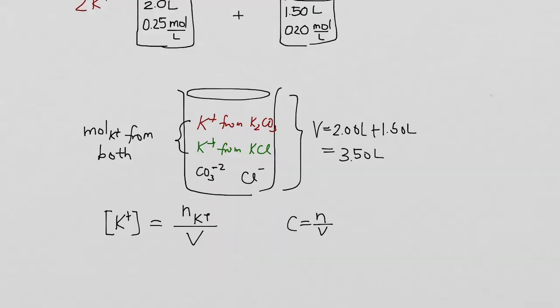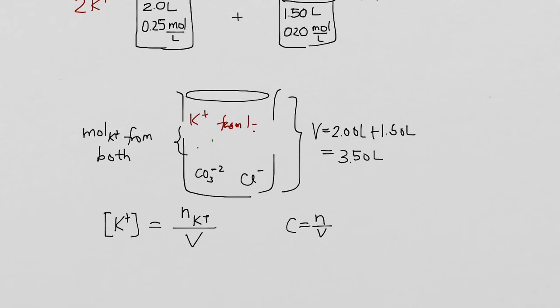So in order for us to calculate moles of potassium ions, we have to calculate this first, K plus from K2CO3, and K plus from KCl. We have to calculate them separately.